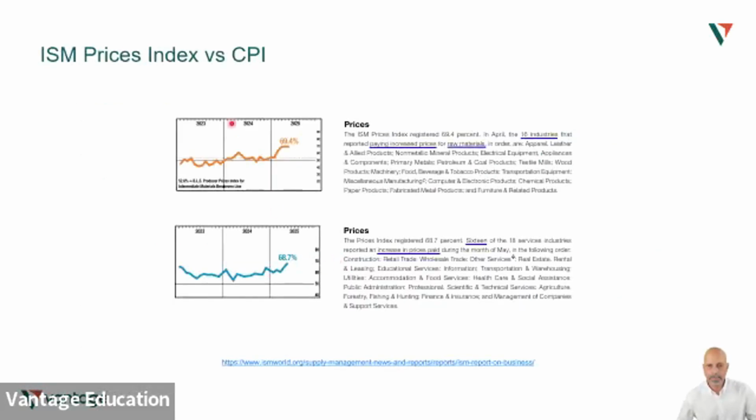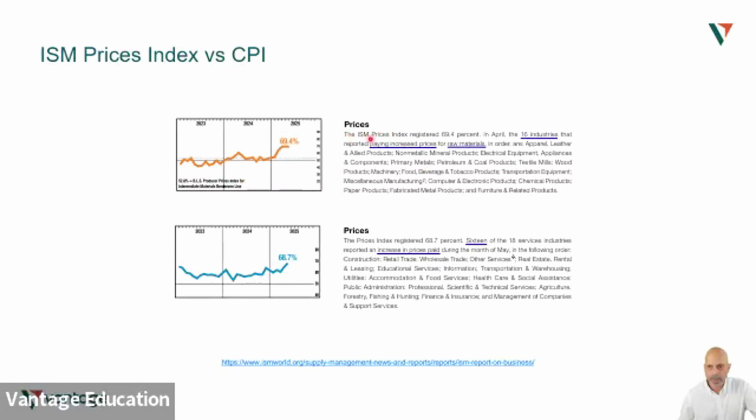Now, looking at the price indices for the ISM report. The ISM is the Institute for Supply Management, and it releases two PMI reports, one for the manufacturing sector and one for the services sector. The recent report is for the month of April.